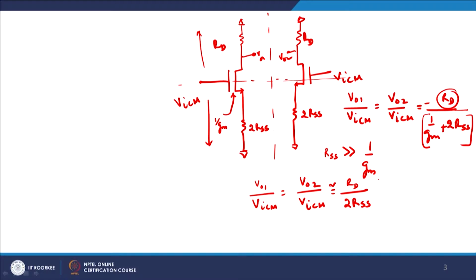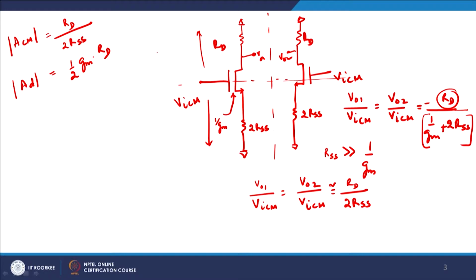So, let me find out the common mode gain, therefore, and take its mod. I get RD upon 2 RSS, and AD, which is the differential mode gain, equals 1 by 2 Gm times RD.